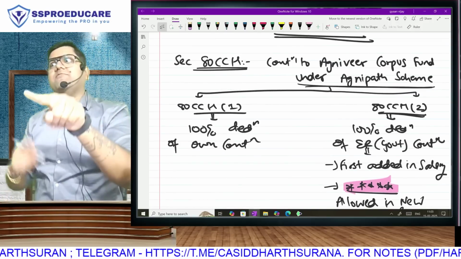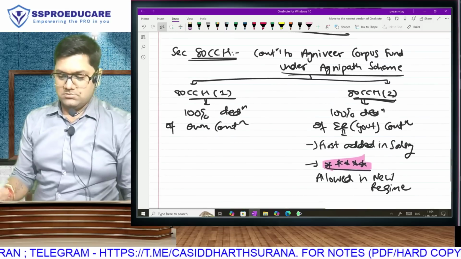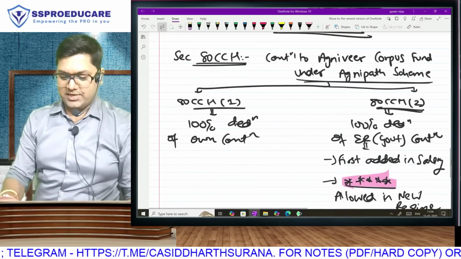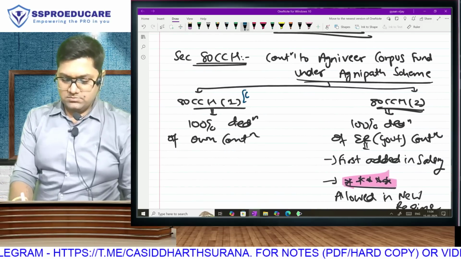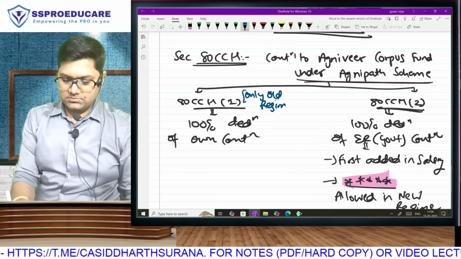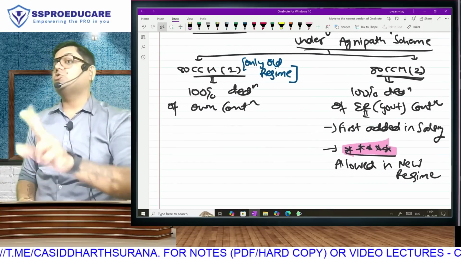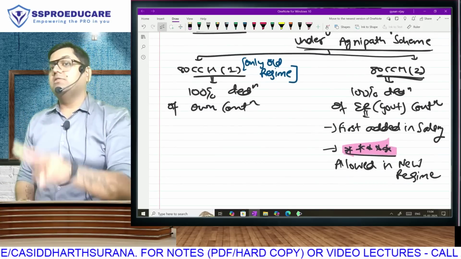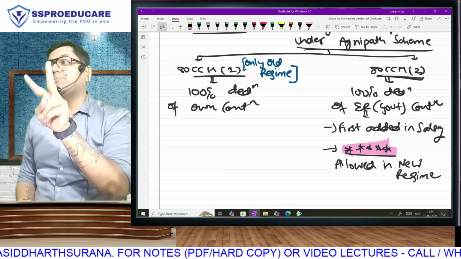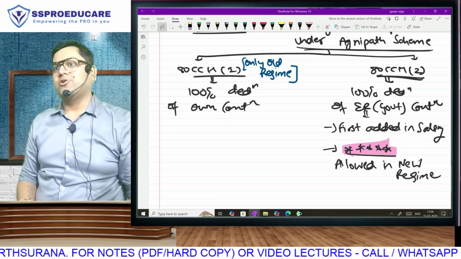It is added in income without receiving the cash. Employee contribution, is that a matter of choice? Actually I don't have to specify, I have to specify only about subsection 2, but to avoid confusion, the 2 cases where we are allowing chapter 6A in new regime, both of them are the subsection 2, that is employer contribution.